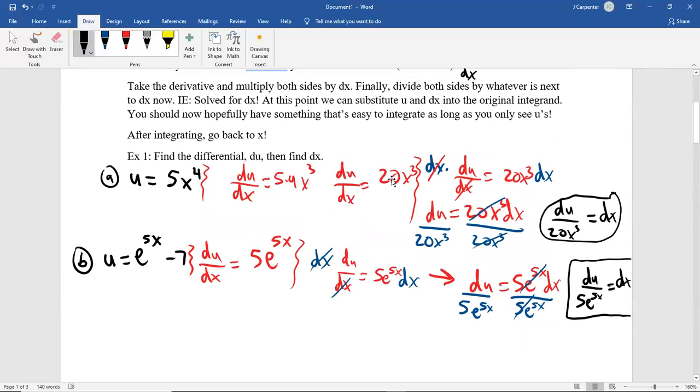So again, this is just the substitution part, the second part of the substitution where you figure out what your substitution is, you take its derivative, and you solve for the dx differential. So with that said, let's try out example 2, which will be to find the integral by substitution.